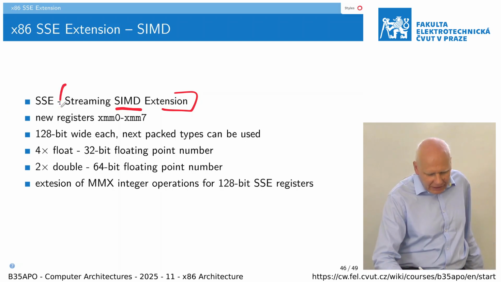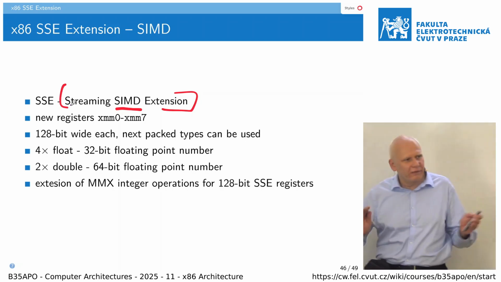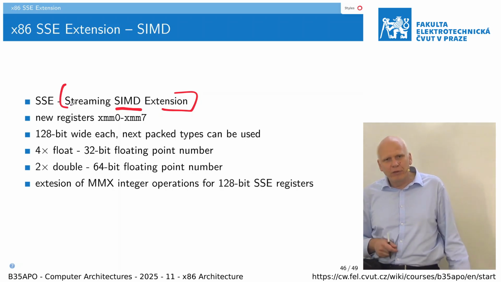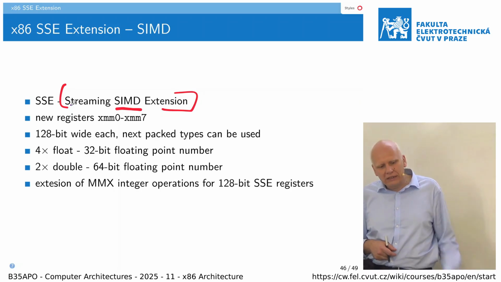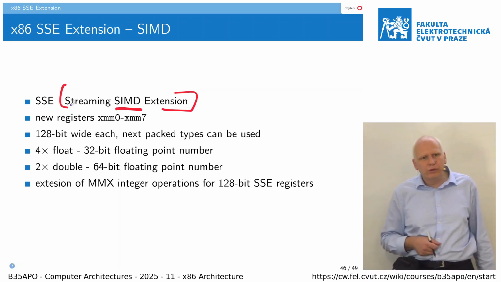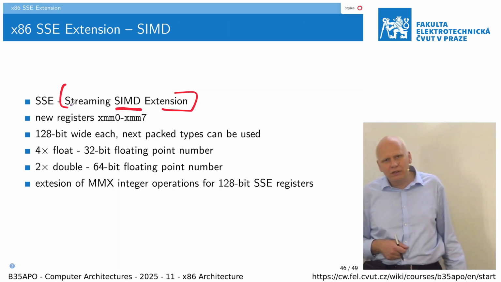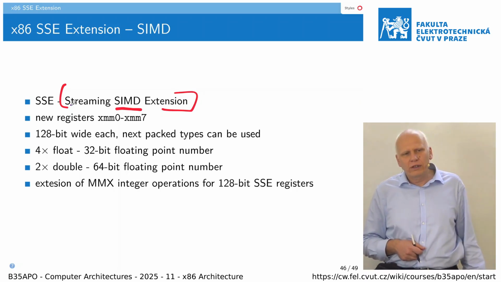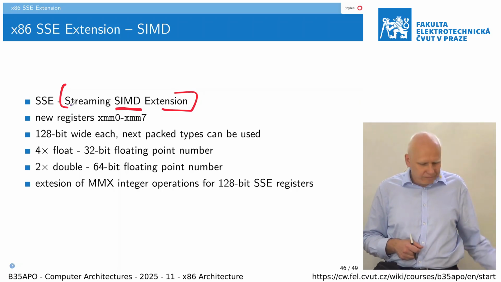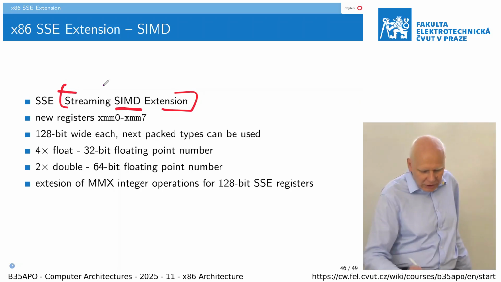That streaming is from multimedia and video processing and so on. But in fact, those instructions can be used for fast matrix computation, for artificial intelligence, maybe for some complex computation and so on.